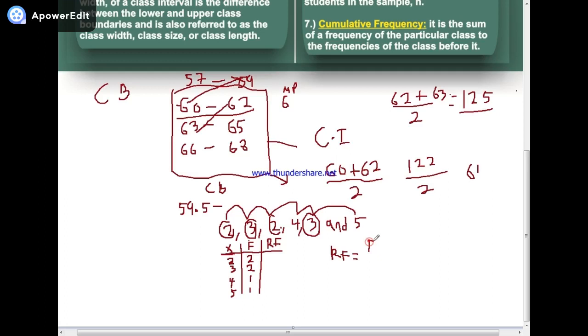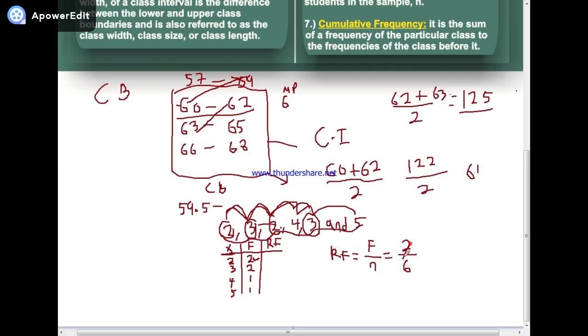The first frequency here is 2, so you write 2, divided by the total number that we have: 1, 2, 3, 4, 5, 6. So that is 6. So that means 2 over 6.